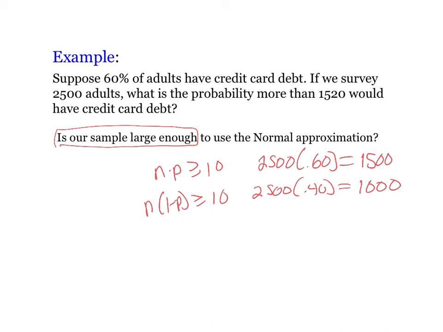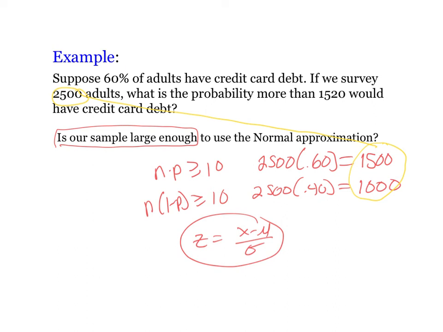And if I've done these correctly, the expected value of both should add up to my total sample size, and it does. And they're both at least 10, so that means I am okay to use a normal distribution to solve this problem. And remember, when we're talking about a normal distribution to solve a problem, it means that I can use a z-score. Okay, so that's where we're headed.